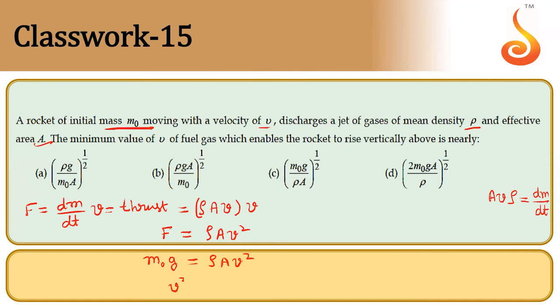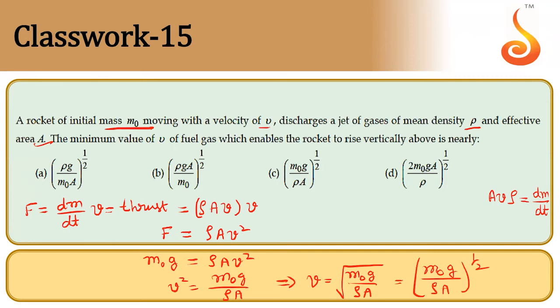So v square equals m naught g by rho a, which implies v equals root of m naught g by rho a, or you can write it as (m naught g by rho a) whole to the power half. So it must be option C.